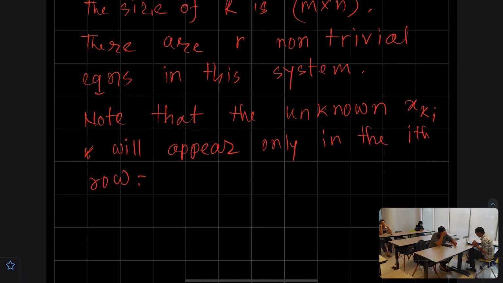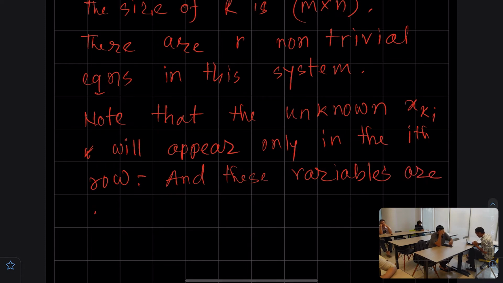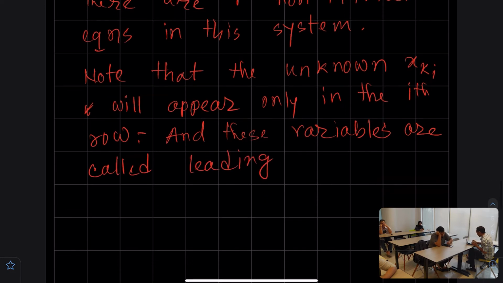And these unknowns or variables are called leading variables.